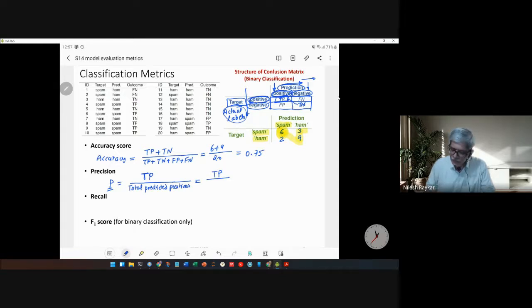So you have the prediction here, so it will be addition over the column. It will be true positive plus false positive. So total predicted positive will be TP plus FP.